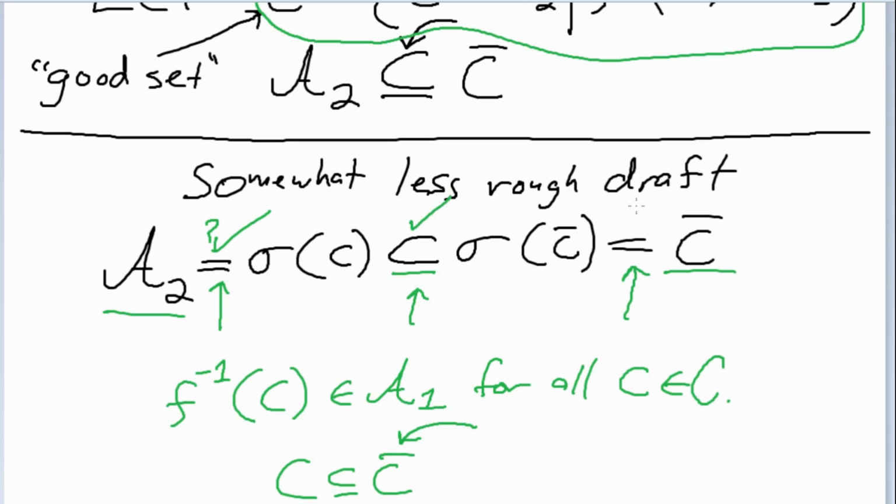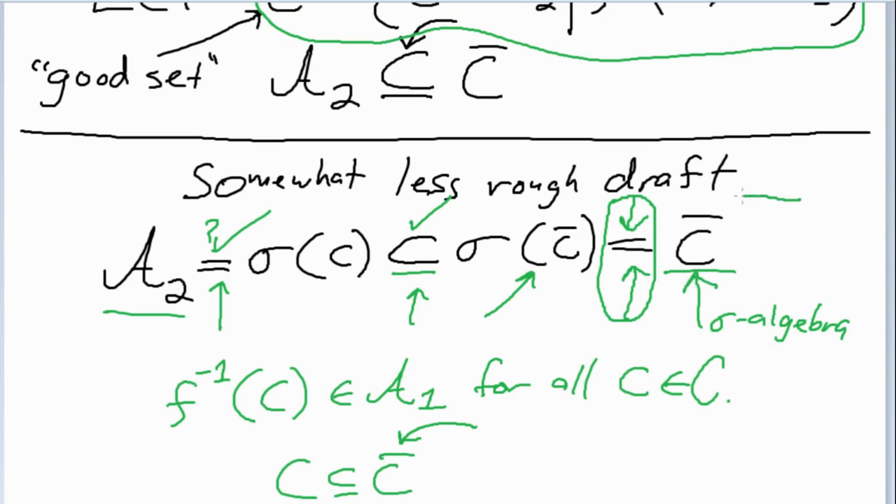It turns out that this is the crux of the matter here. This equal sign here. What are we saying? Actually, we're saying that sigma of C bar is equal to C bar. What does that mean? That means that C bar itself must be a sigma algebra. Because if we take C bar and we use it to generate a sigma algebra and we end up with C bar, then C bar must have been a sigma algebra to start with.